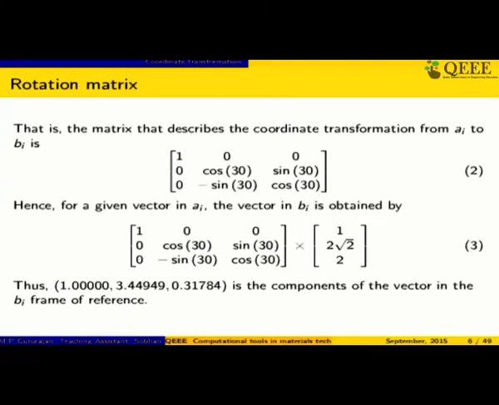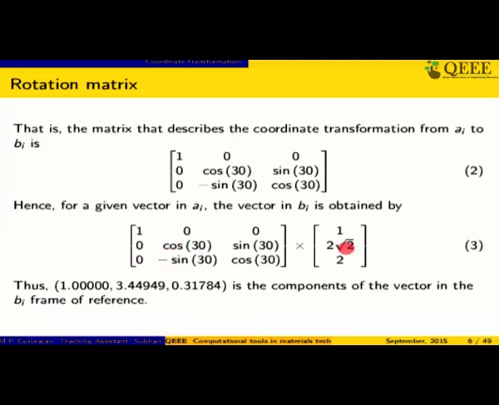So rotation matrix, this is how you make the rotation matrix, and this is how you deal with vectors and coordinate transformations, etc., using the rotation matrix that you produce. Okay, so this is very simple computation, just some matrix multiplication, which all of you must be familiar with. This first component is 1 because 1 0 0 multiplying this and adding, so 1 into 1 is 1, plus 0 because 0 into 2 root 2 is 0, plus 0, so that becomes 1.